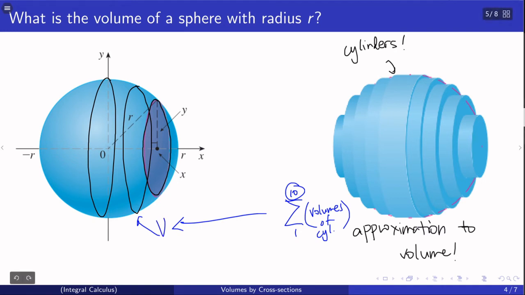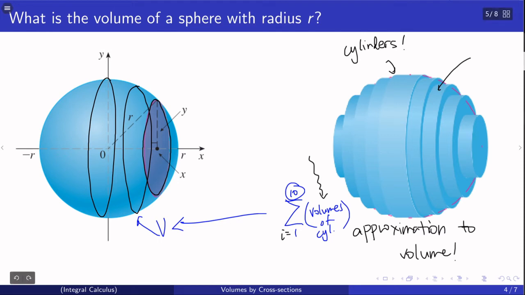So now our question is, can we get a general formula for the volume of the ith cylinder? Say I ask you, what's the volume of this particular cylinder here? Well, it turns out cylinders are easy to work with.